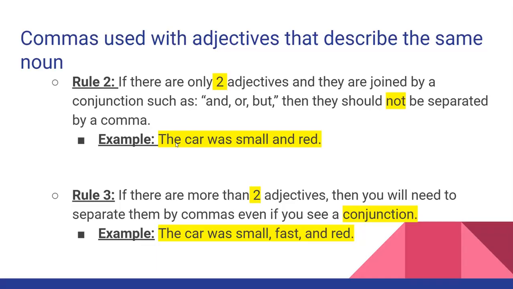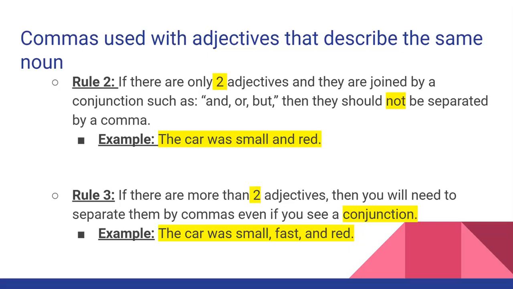And there are 2 words in this sentence that describe the car. It is a small car and it is a red car. Since we have a conjunction and between small and red, we actually don't need a comma here. So again, to recap rule number 2, if we have 2 adjectives and they are separated by a conjunction, we do not use any commas.